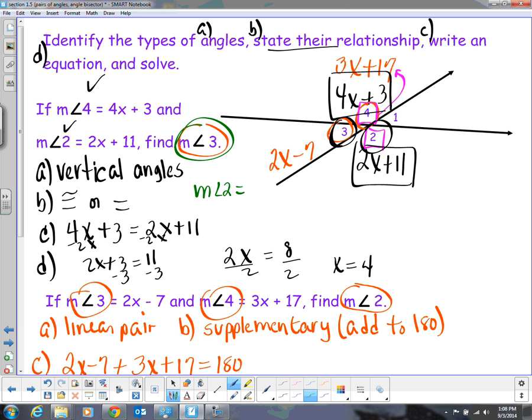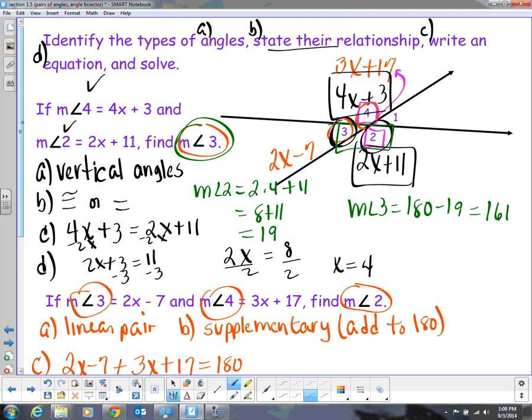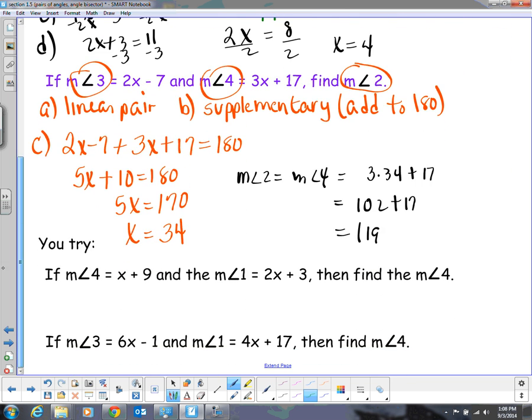The measure of angle 2 is going to be 2 times 4 plus 11, which is 8 plus 11, or 19. Now, the relationship between 2 and 3 is supplementary. So the measure of angle 3 is going to equal 180 minus 19, which is 161.